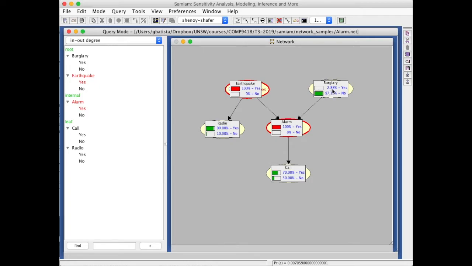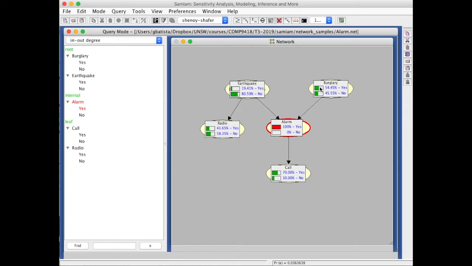It's not exactly 2% because there is a small probability of having both burglary and earthquake at the same time triggering the alarm. So it did not come back to 2% because there is still a small chance of having a burglary. But it seems that earthquake is the cause.